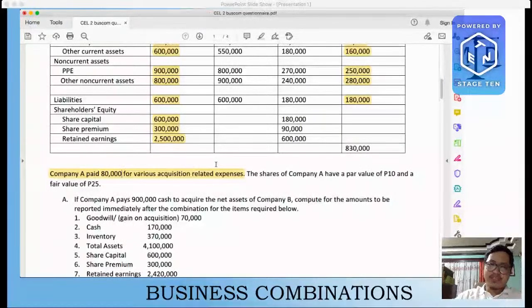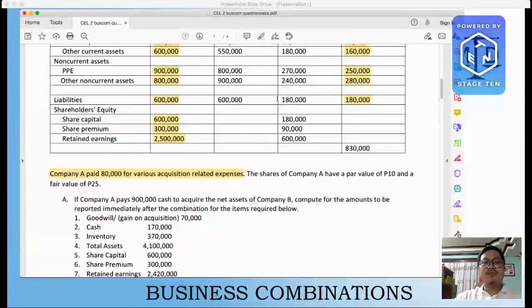And as a rule, as I've mentioned before, for your shareholders' equity, you do not combine it with the shareholders' equity of the acquiree, because that would result in double recognition of the net assets. Since you already recognize the assets and liabilities, you have effectively recognized the net assets already.